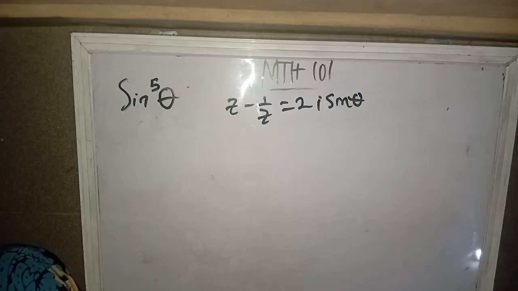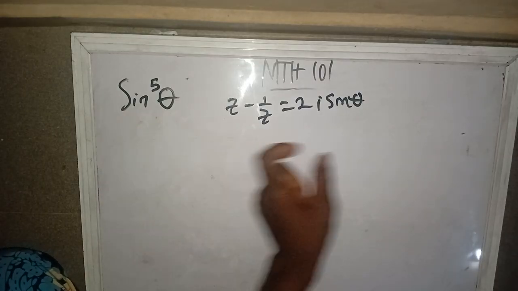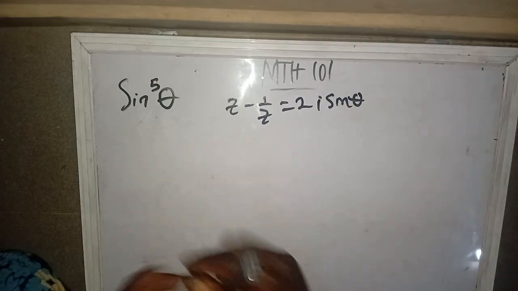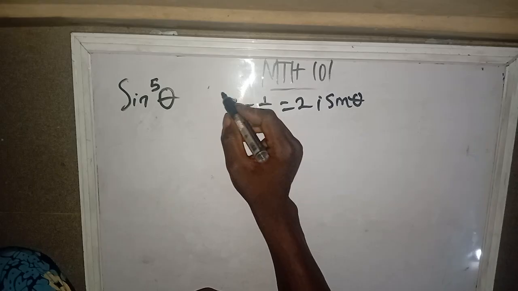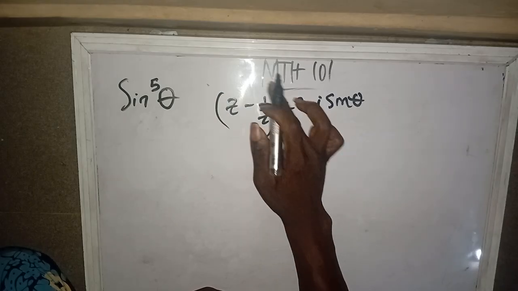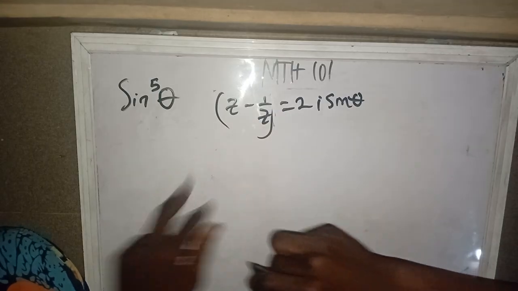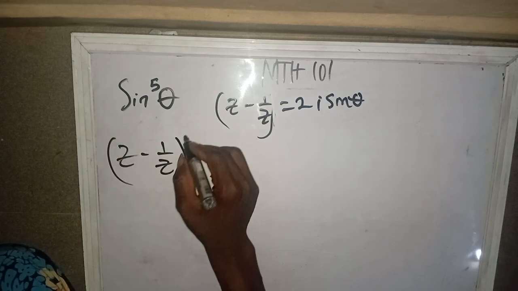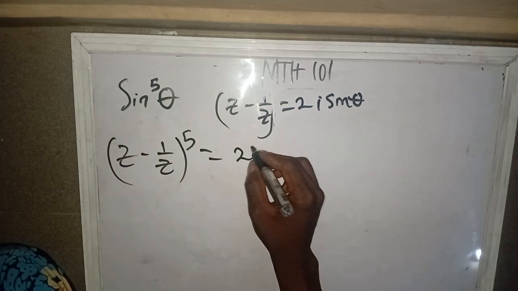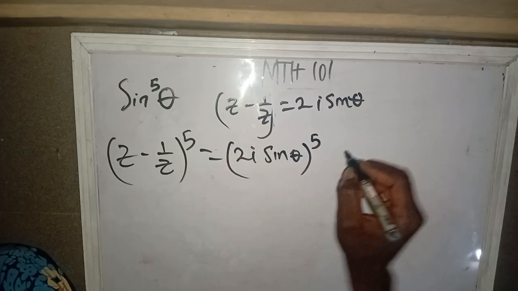Are we together? Now, how can we bring this into this? It's by taking the fifth power of both sides. Let me write it here. z minus 1 over z, take the fifth power, equals 2i sin theta, take the fifth power of this one.